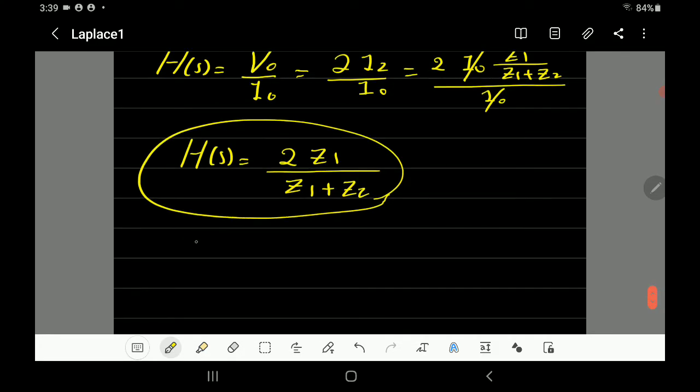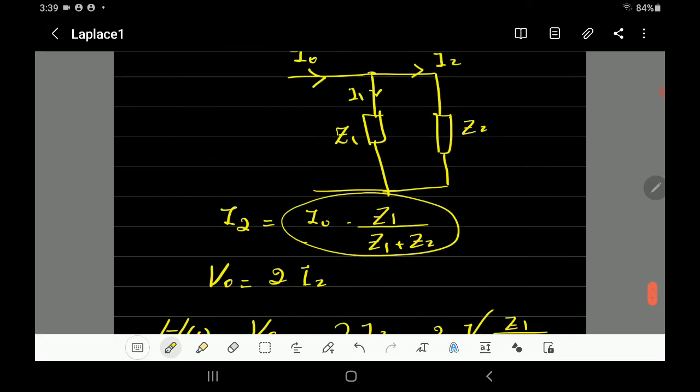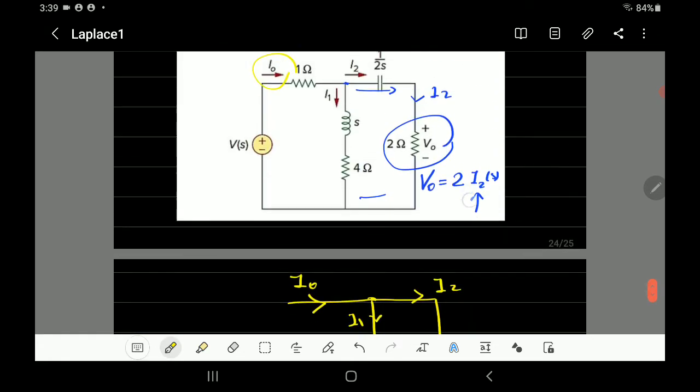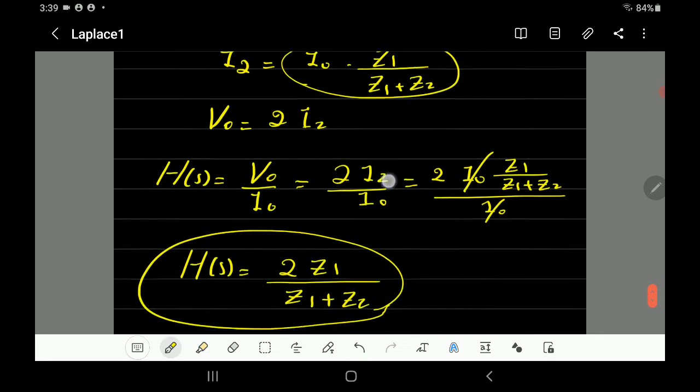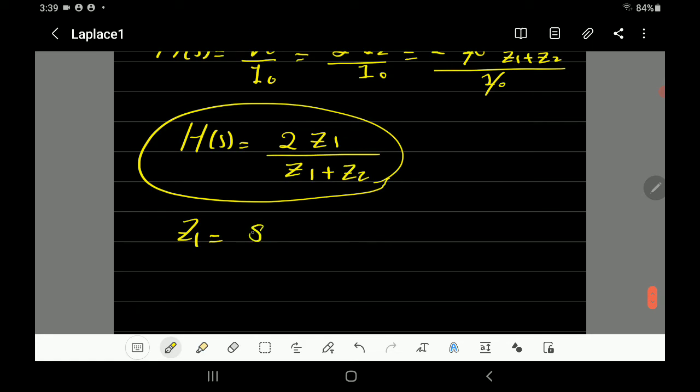We need to find Z1 and Z2. Remember, Z1 is the branch, the opposite one, this one. This Z1 is the series combination of the inductor and the resistor, s plus 4. So that will be equal to s plus 4.